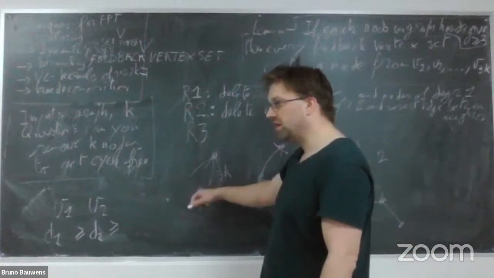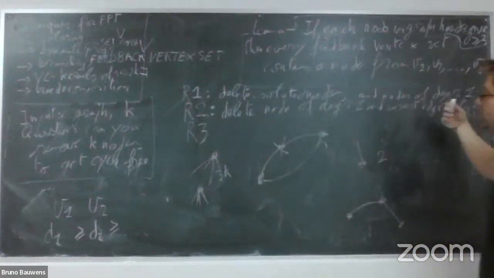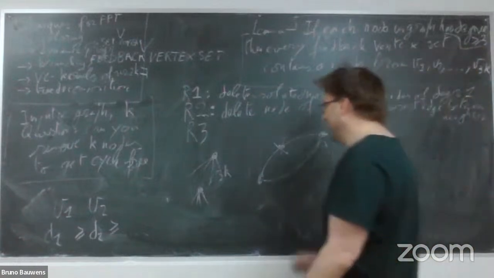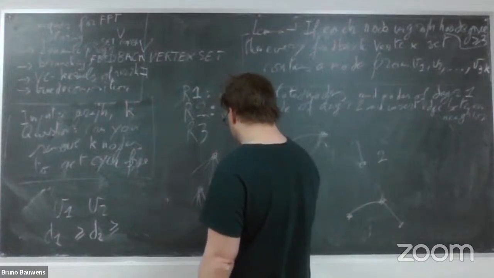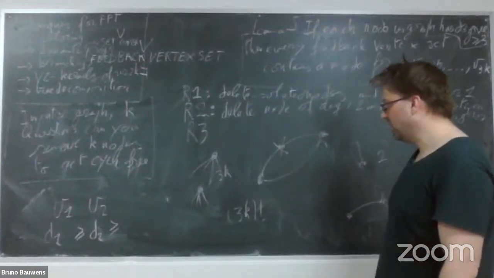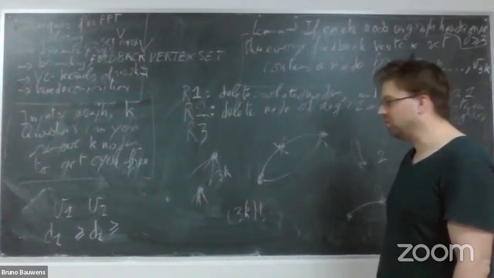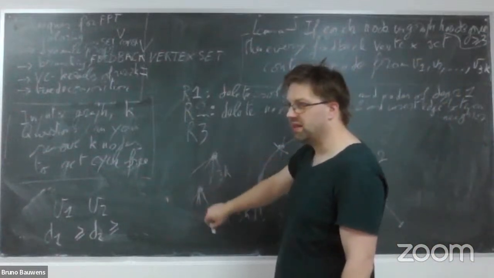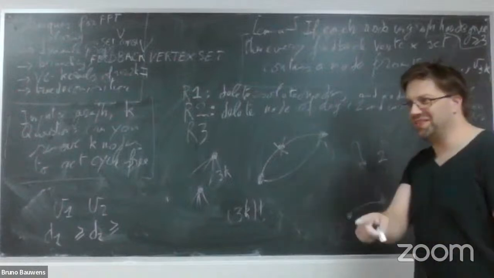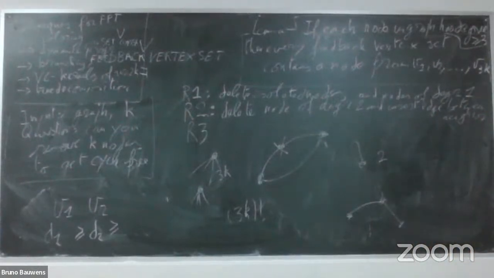Each time we remove a node, k decreases. So the depth is just 3k, but the size is 3k factorial, because the number of children multiplies at each level, first by 3k, then by 3k minus 1. A good point, I was wrong. 3k factorial, yes. You're good with branching algorithms.